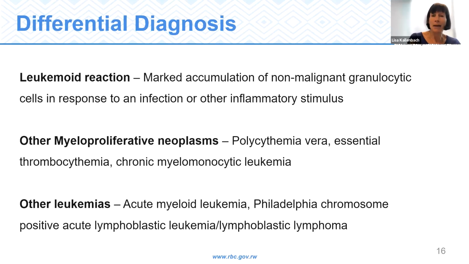And in CMML, you might see a very low platelet count or note dysfunctional platelets with patients complaining of symptoms of bleeding. Other leukemias that are on the differential include acute myeloid leukemia, Philadelphia chromosome positive acute lymphoblastic leukemia, or lymphoblastic lymphoma.